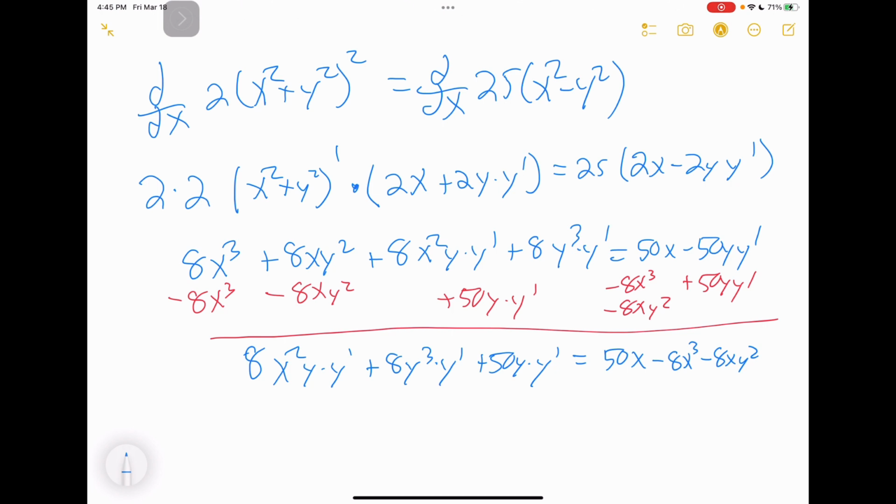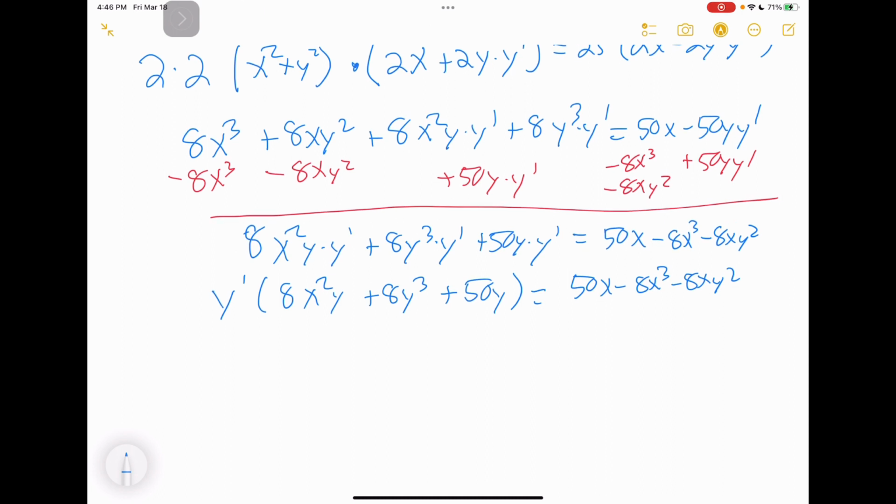So on the left side, we'll factor the y prime out. We have y prime times 8x squared y plus 8y cubed plus 50y equals that 50x minus 8x cubed minus 8xy squared. So we can divide both sides by this 8x squared y plus 8y cubed plus 50y.